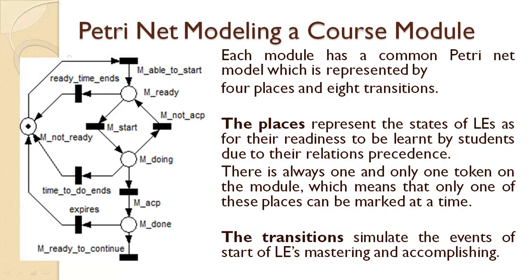There is always one and only one token on the module, which means that only one of these places can be marked at a time. And the transitions simulate the events of start of learning elements, mastering and accomplishing them. So in such a way, we provide so-called synchronization of learning elements.